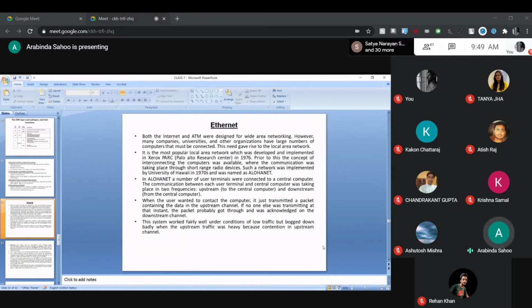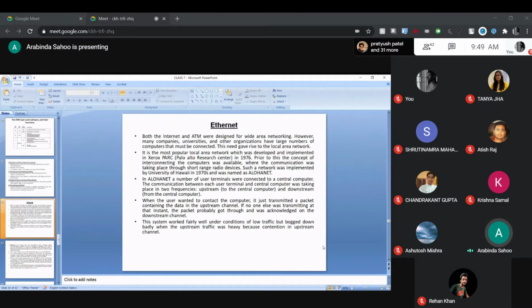Suppose you want to communicate from your computer with the central computer in an organization. The frequency used by your normal computer is known as the upstream frequency.